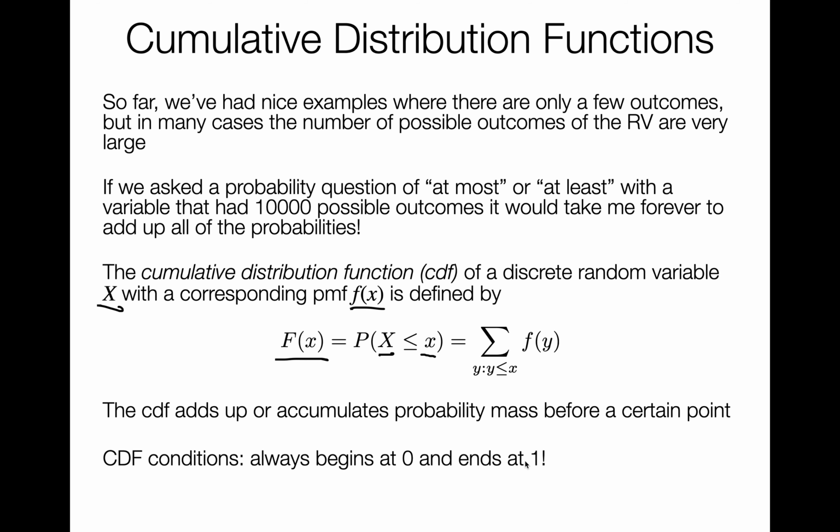Okay. Now, the CDF also has conditions that need to be met or are always true for CDFs, and those are that the CDF always begins at 0 and it always ends at 1. Okay? And so you may think, where does that come from?